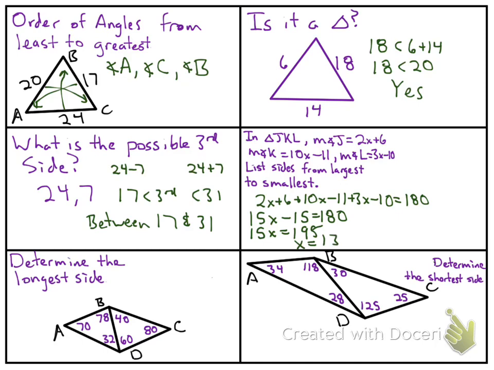And now we can go back, draw a triangle, start labeling things. So if I have J, K, L, and x is 13, I'm going to go to K first: 13 times 10 minus 11 is 130 minus 11, so that's 119.